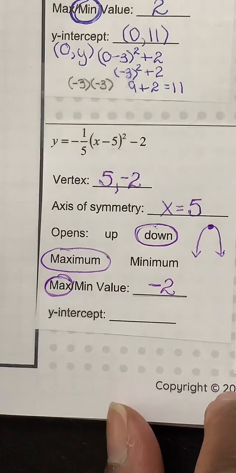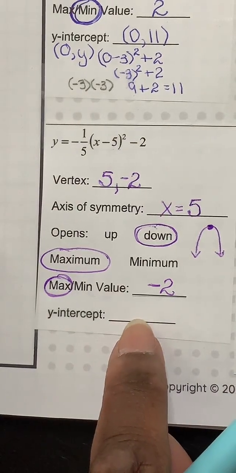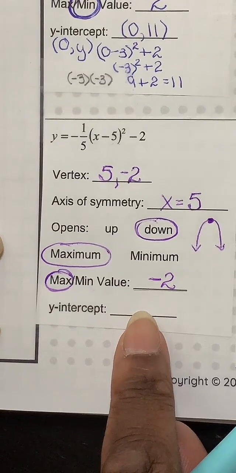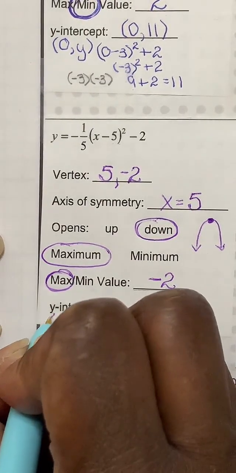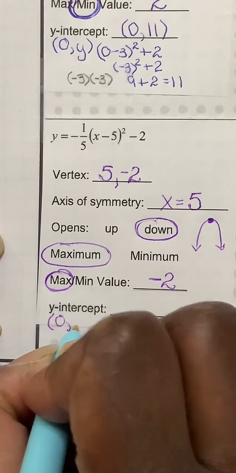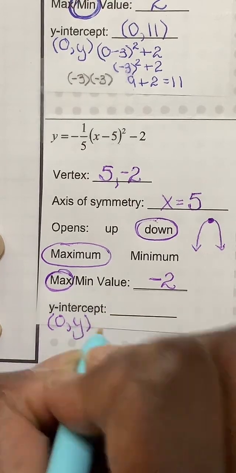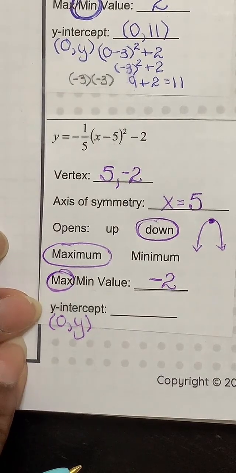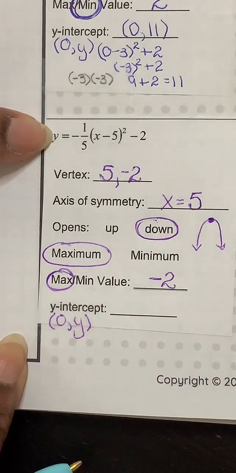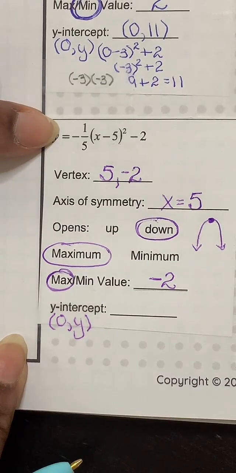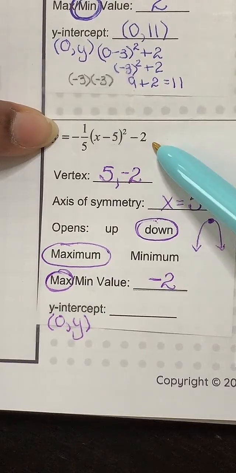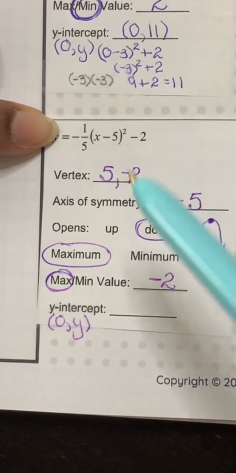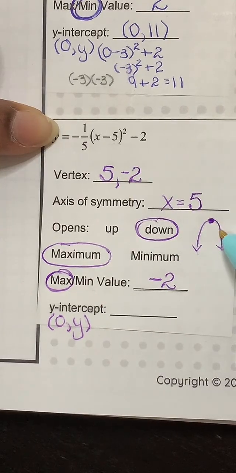So now our y-intercept. How can we find the y-intercept? Remember, the y-intercept is 0, your y. So we're going to have to use our equation. A lot of people would say, oh, it's your constant, it's -2. No, that's only for linear, because now we're looking at a parabola.